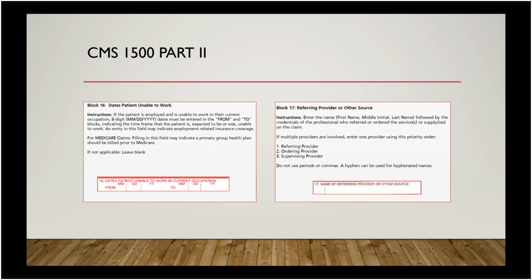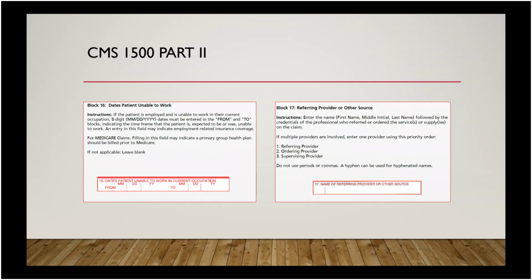Okay, block 17. For this particular one, if we have TRICARE or CHAMPVA, and the patient is referred from a military treatment facility, you're going to enter that military treatment facility and attach the form that they send so you can be treated by a civilian. In this one, for referring provider and other sources, you're going to enter the first name, middle name, last name, followed by the credentials.